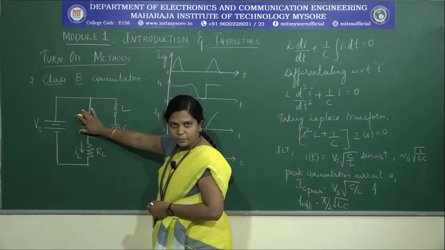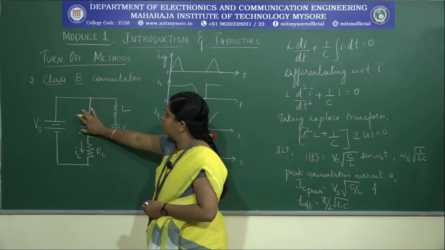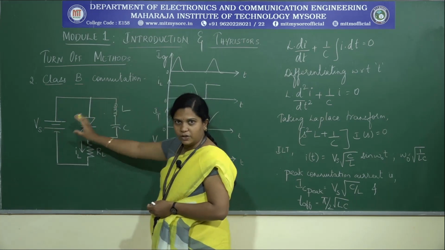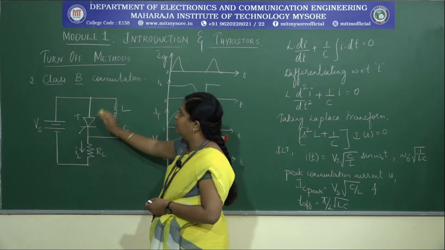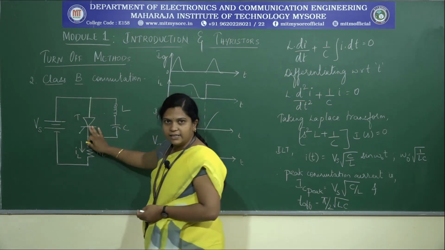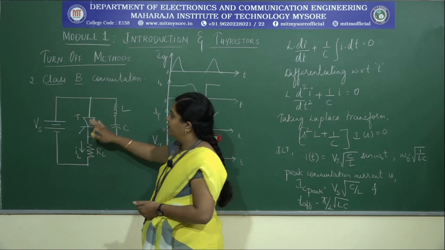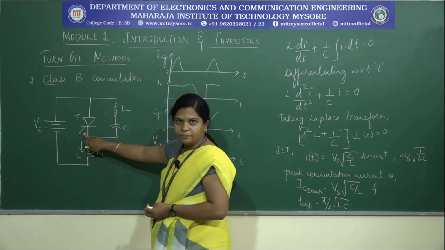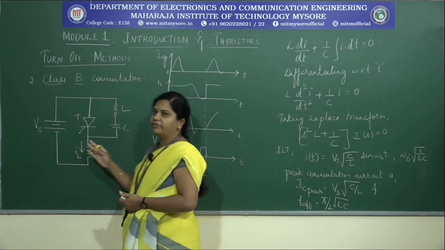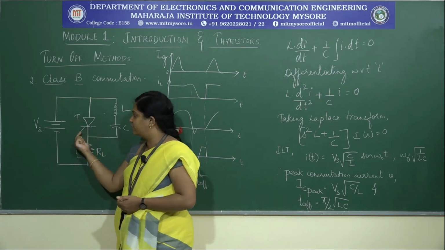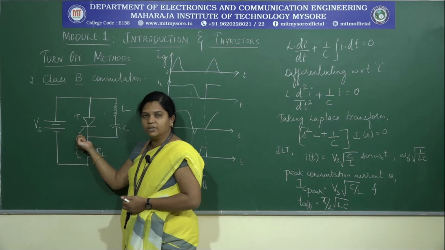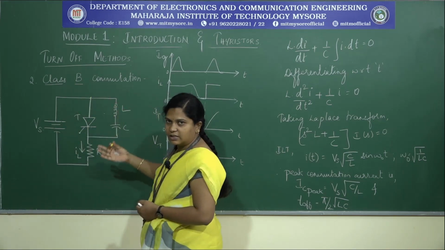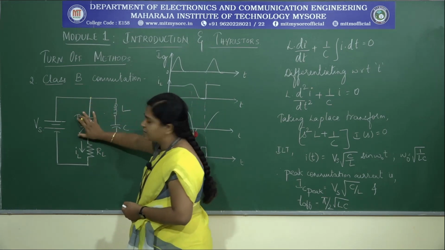Until then, let us assume that after some 10 nanoseconds we are going to give the triggering pulse to the gate of the thyristor. Within the time of 10 nanoseconds, the thyristor is off.